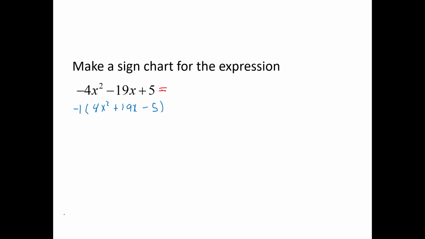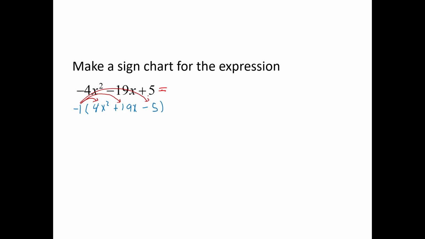And so this is going to be very useful, especially for one of the things that we're going to do in the later section. You should always check your work, right? So when you're factoring, what you're doing is reverse distributing, right? And so if we distribute this minus 1, the minus 1 times the 4x squared will give us minus 4x squared. The minus 1 times the plus 19x will give us the minus 19x. And the minus 1 times the minus 5 will give us the plus 5, right?